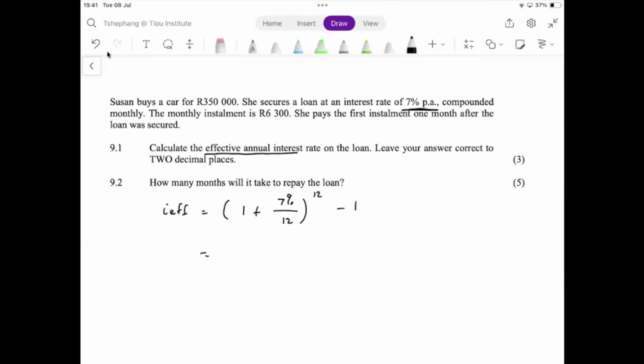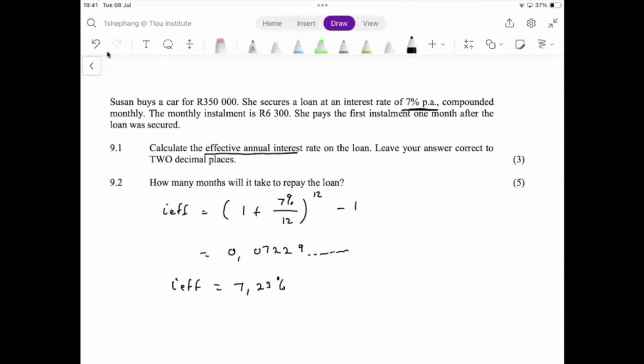And i effective will be 0.07229. It means that the effective interest rate is simply 7.23%. Great stuff. Now you guys know where it comes from.